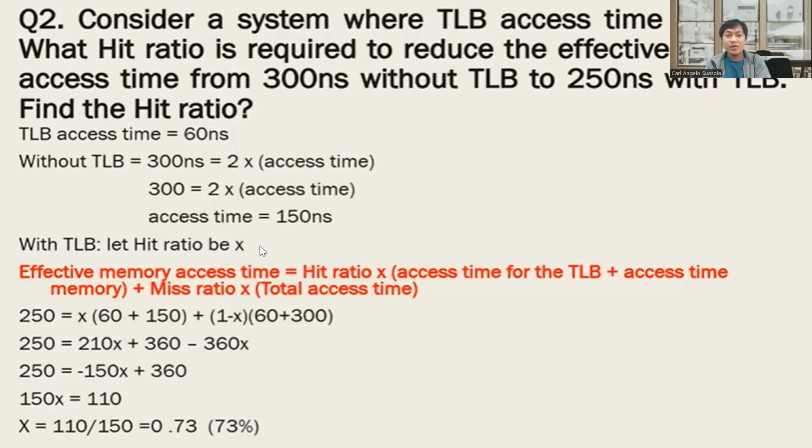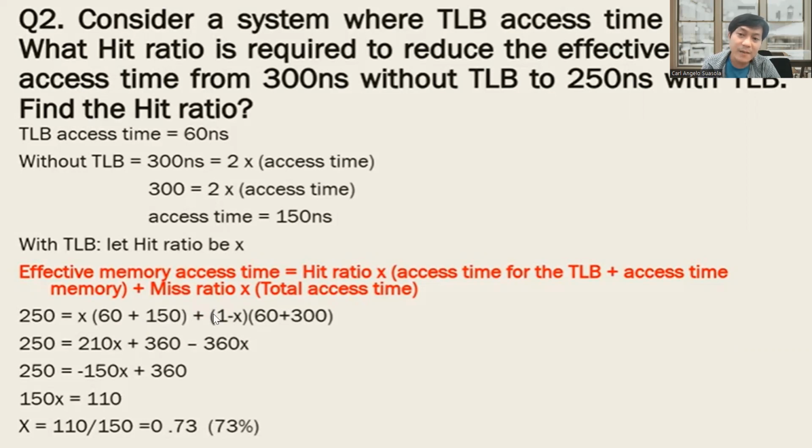So with the use of effective memory access time with TLB, we can let the hit ratio be X, since we need to find the value of the hit ratio using the formula. So, from the 250 implementation with TLB, the hit ratio, which is X, multiplied by the access time to TLB, which is 60 nanoseconds, plus 150 access time to the memory, plus the miss ratio.